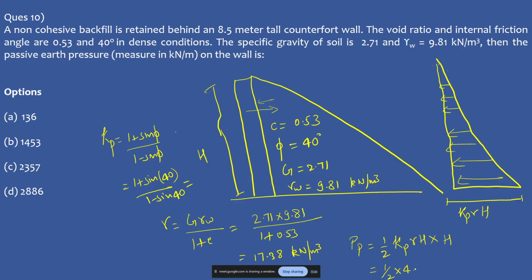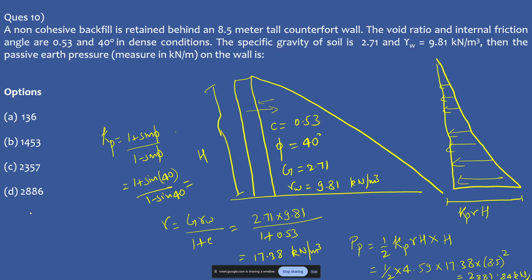Same, sir, 4.59. Into gamma 17.38, H squared. H is how much? 8.5. 8.5 squared.